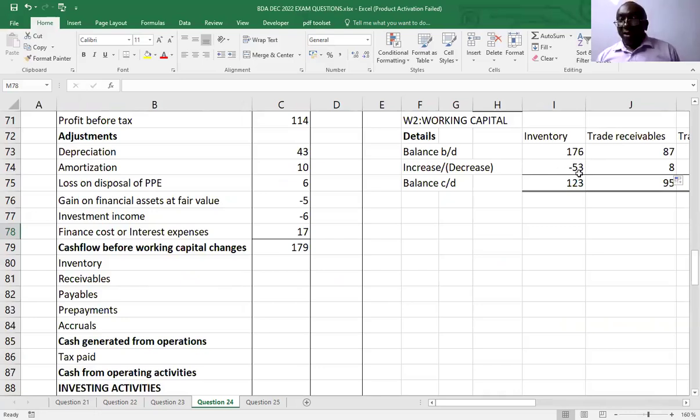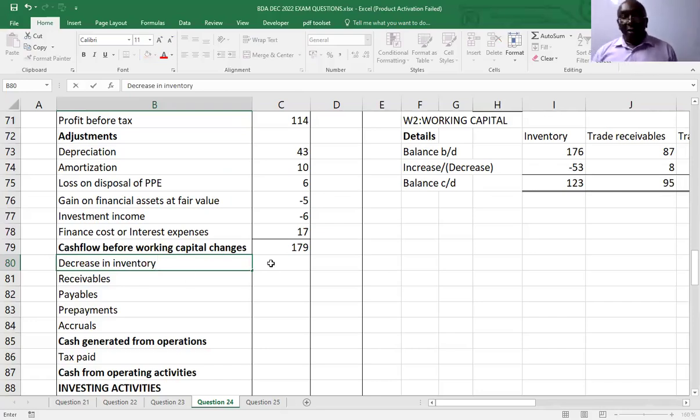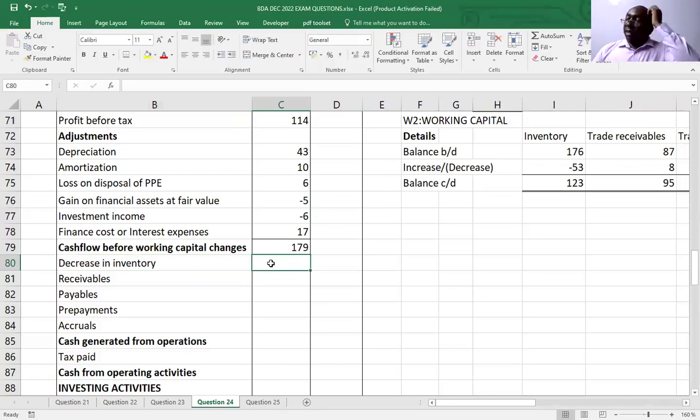When I look at this one, is this an increase or a decrease as far as inventory is concerned? Yeah, it's a decrease. Good. So I can come here and modify, and I say decrease in inventory. Now, when we have a decrease in inventory, is money coming in or going out?